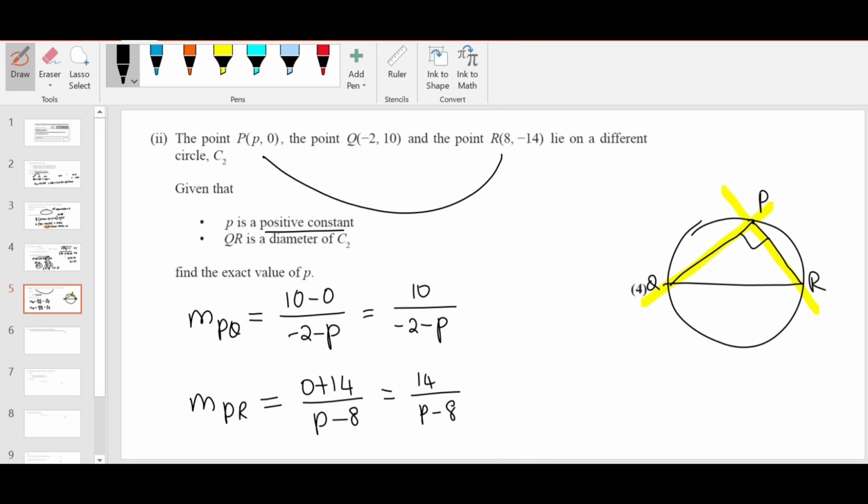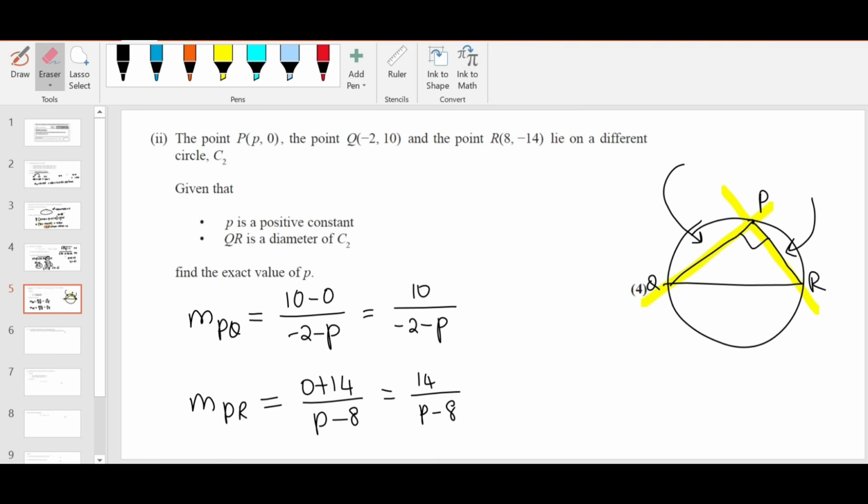Now look at the diagram. These two highlighted lines are perpendicular. So if you take the slope of this line and the slope of this line, they will be negative reciprocal to each other. Or in other words, if you multiply the slopes PQ and PR, you should get negative 1.